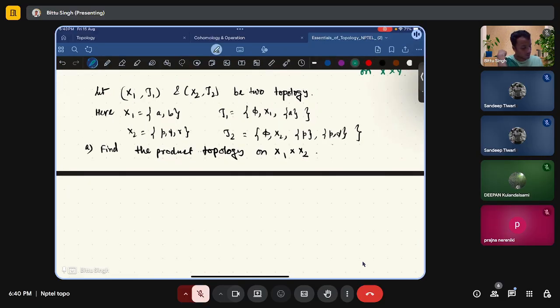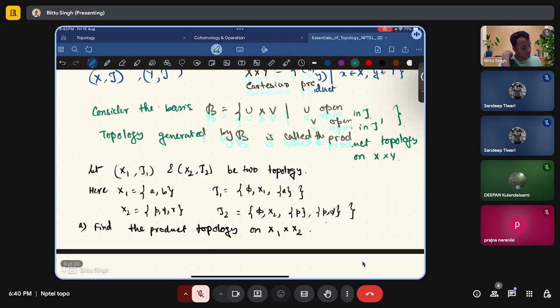Here two spaces are given, x1 and x2 with topologies tau 1 and tau 2. So this is the space x1 with topology tau 1 and x2 with topology tau 2. Now we need to find the product topology on x1 cross x2.